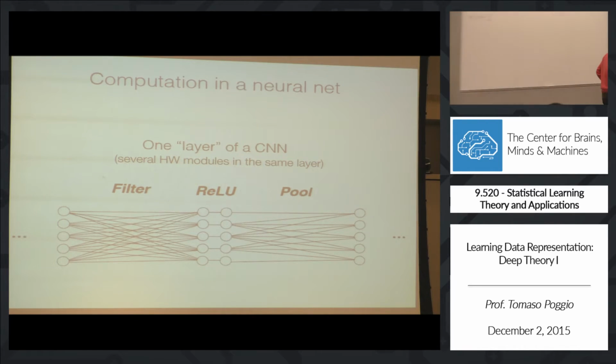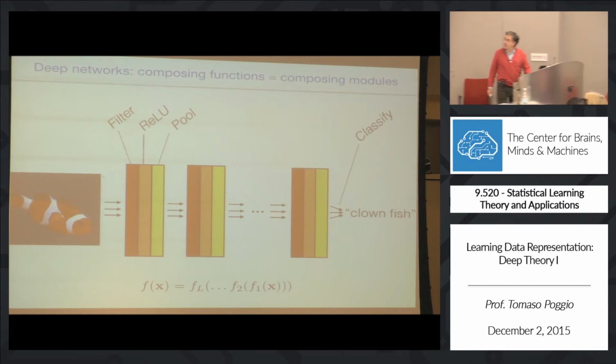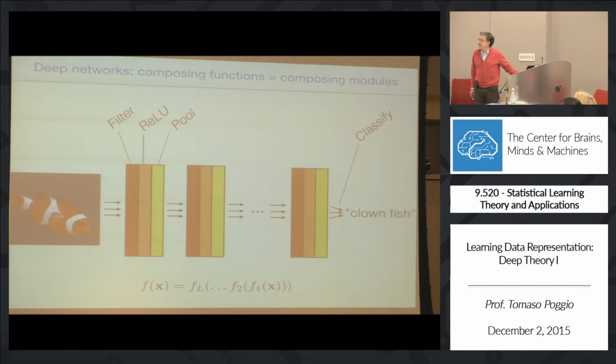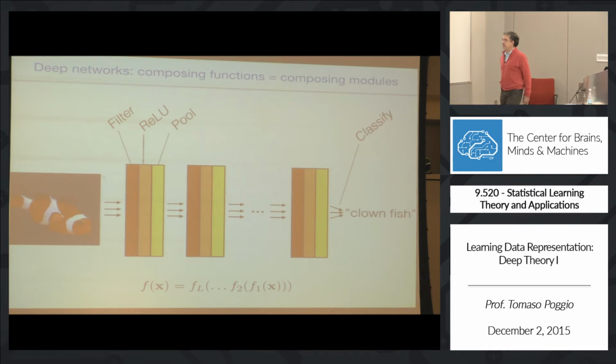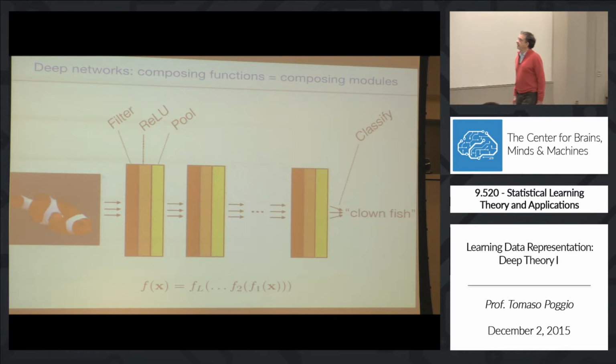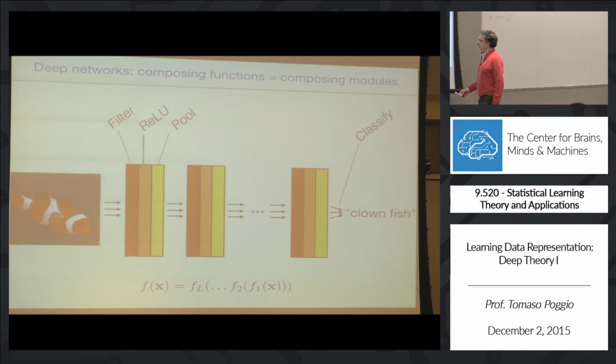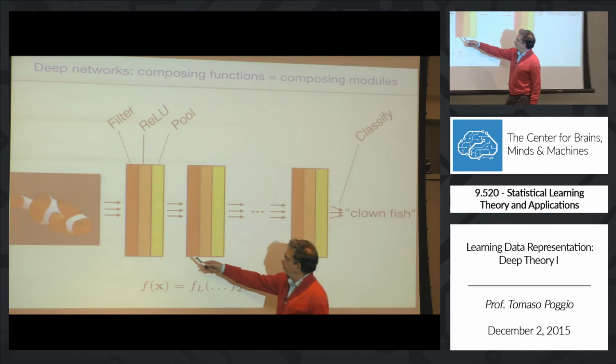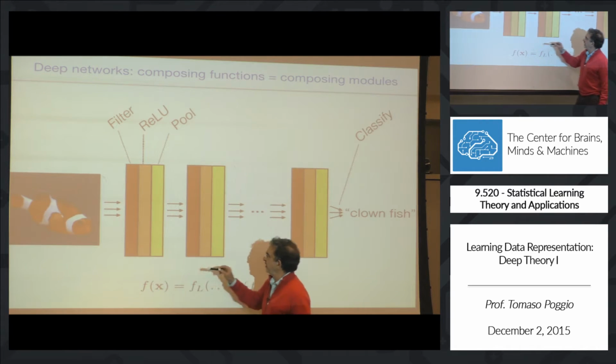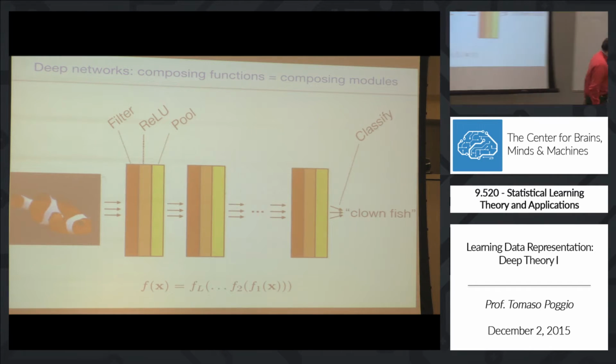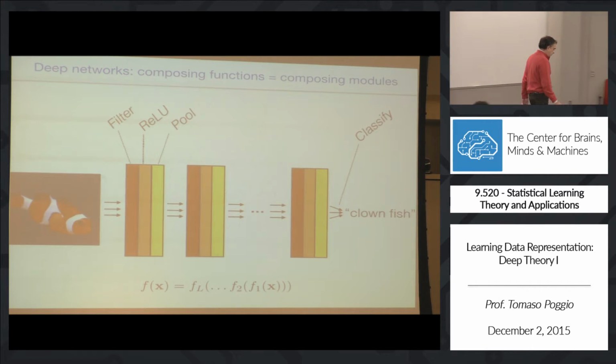And in a typical, somewhat idealized deep learning network, you have this series of layers, each one doing these things, and you can look at it as a composition of functions.